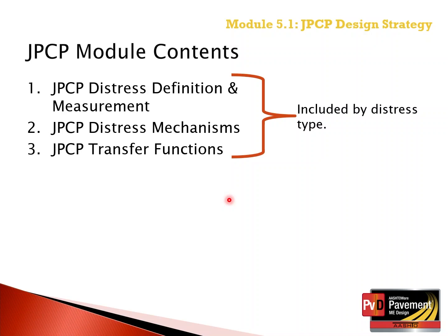This will be a similar approach in this module, but it will also be used for the CRCP and the flexible pavement design strategies: first defining the distress, then discussing the distress mechanisms, and then explaining the transfer functions.